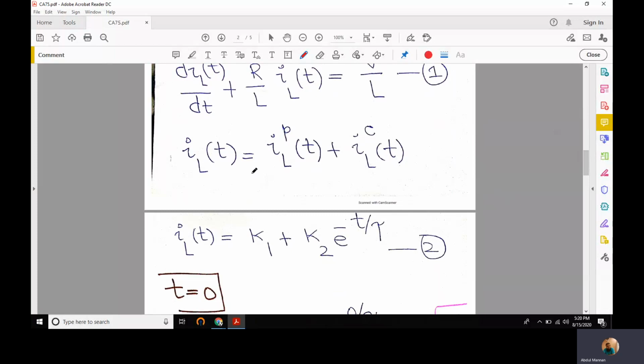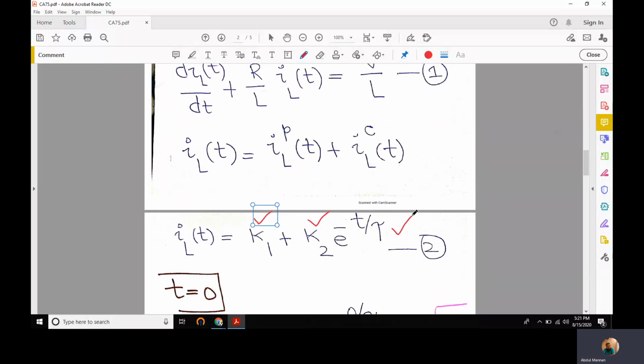The particular solution is a constant, and the complementary solution is k2 times e to the minus t over tau. So to compute I sub L of t, we need to find the values of three constants, k1, k2, and tau.